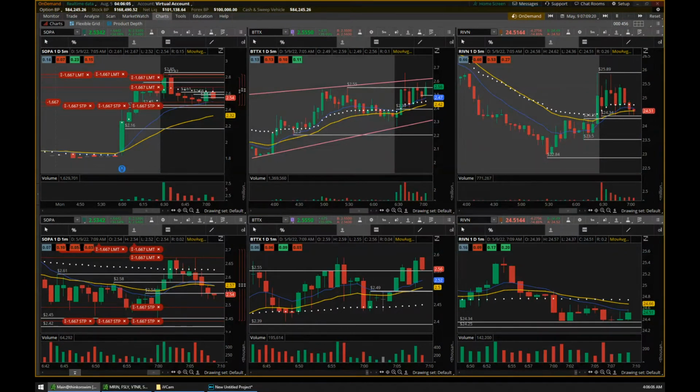So I'm still up 335 on this stock, but my open P&L is at negative 93. I'm really thinking about just bailing here because it's back below the VWAP.